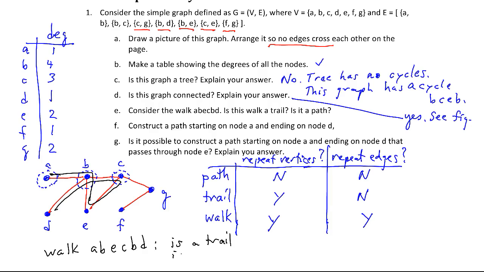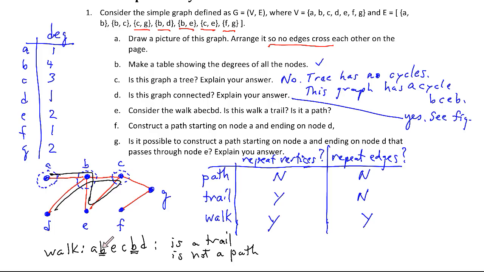not a path. When you look at these lists of vertices, you can see it does repeat a vertex. The B is repeated. You have a single element in the walk repeated, but you don't have the same two letters in a row.